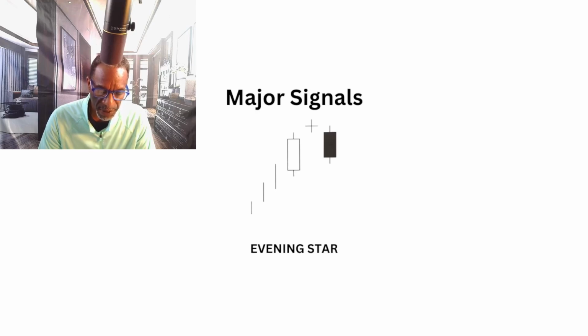Thirdly, a gap between the first day and the second day adds to the probability that a reversal is occurring. Fourthly, a gap before and after the star day is even more desirable. The magnitude that the third day comes down into the white candle of the first day indicates the strength of the reversal.